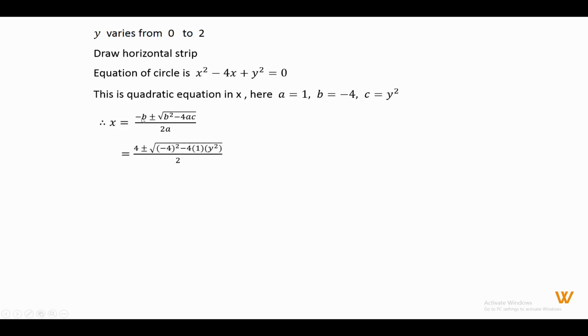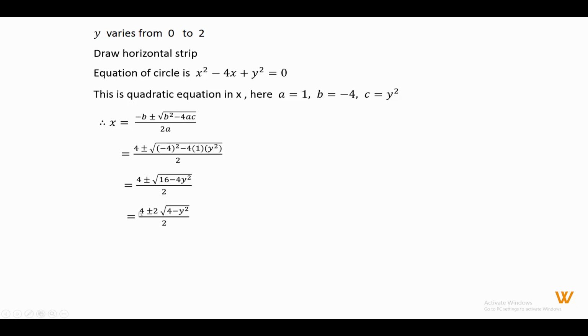So x equals 4 plus or minus square root of minus 4 square minus 4 into 1 into y square, upon 2 into 1, which is 4 plus or minus square root of 16 minus 4y square, upon 2. Taking 4 common inside the root, the square root of 4 is 2, so we get 4 plus or minus 2 times square root of 4 minus y square, upon 2.